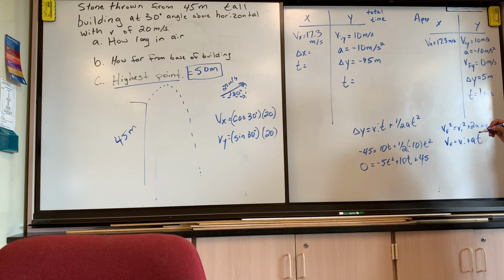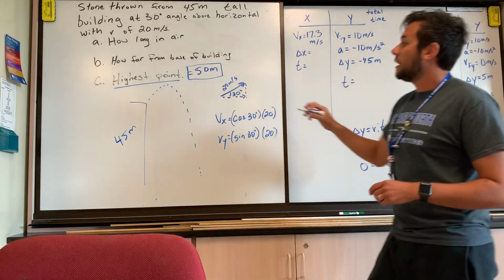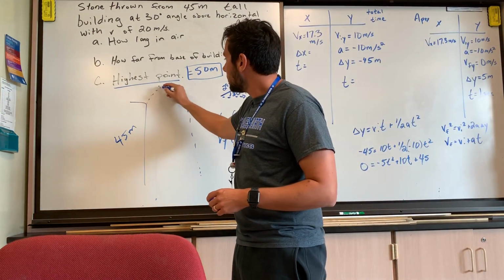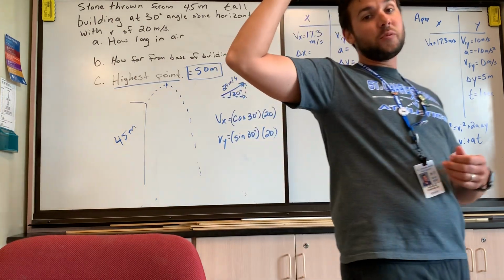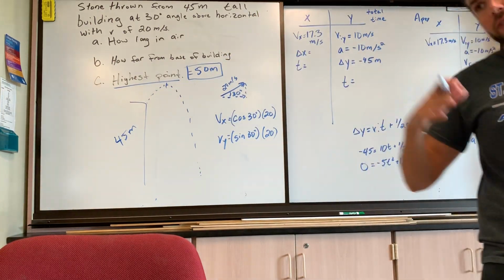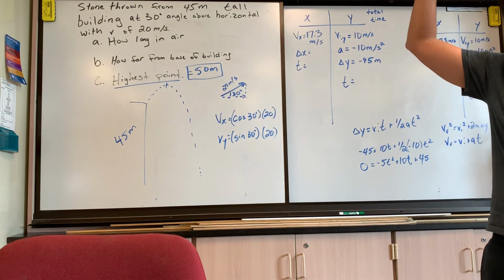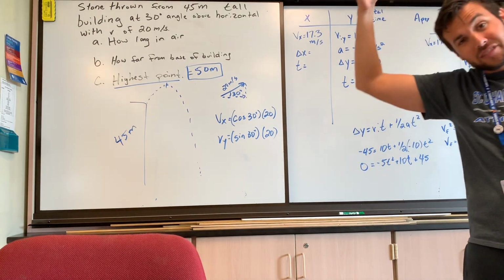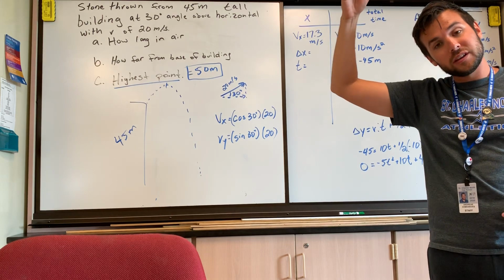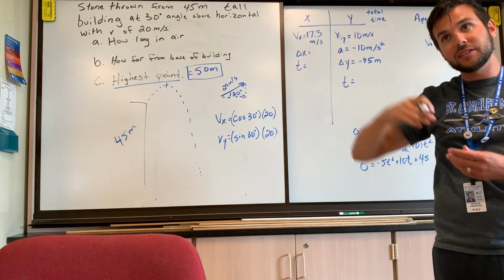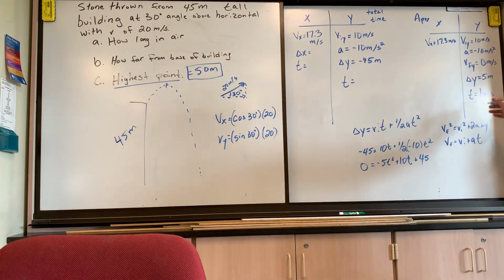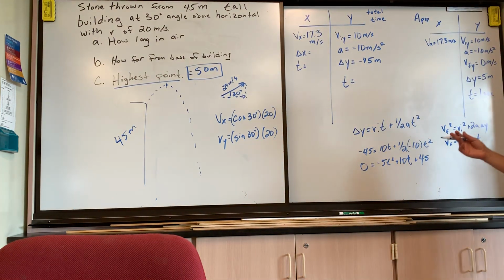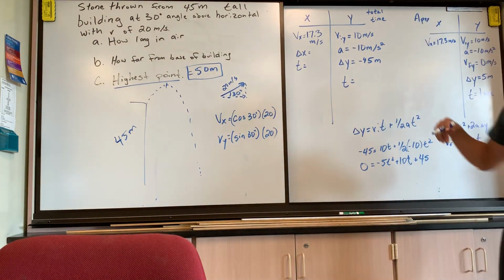Now that's how long it takes to go right up to this point here. It takes 1 second to get to that highest point, because if it's got 10 meters per second of initial velocity upward and negative 10 meters per second squared of acceleration, that means every second it takes away 10 meters per second. So after 1 second, it's going to be at the very top and have 0 velocity.